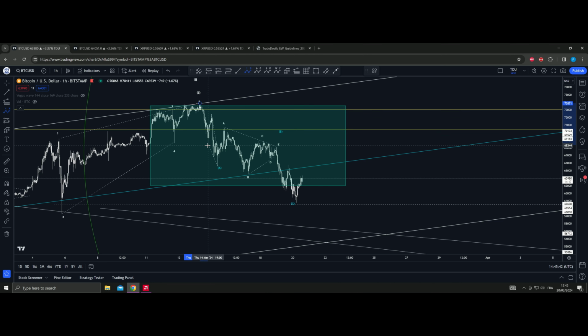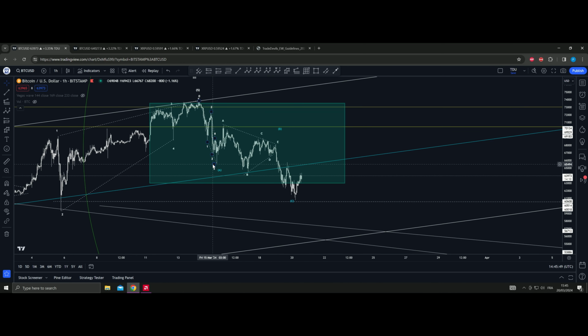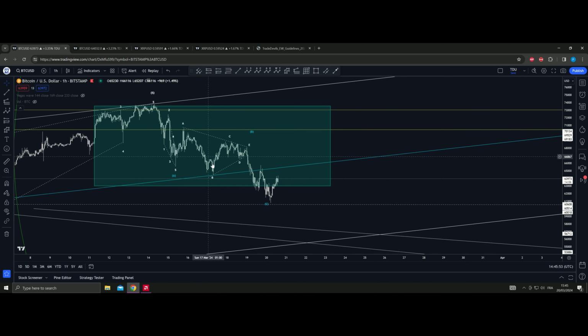So this can be a 1, 2, 3, 4, and 5 leading diagonal. Then a triangle, and perhaps not done, but perhaps 1, 2, 3, 4, 5 ending diagonal.